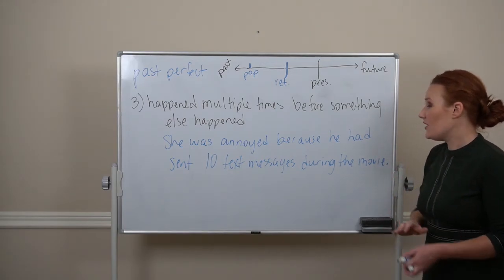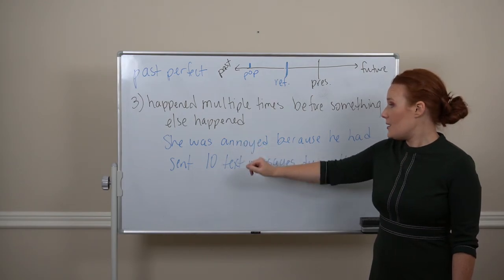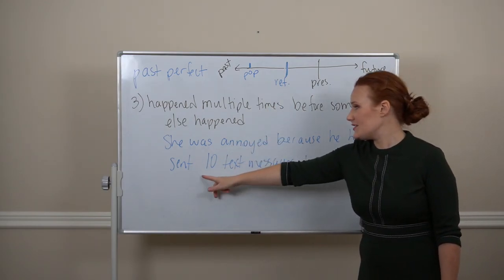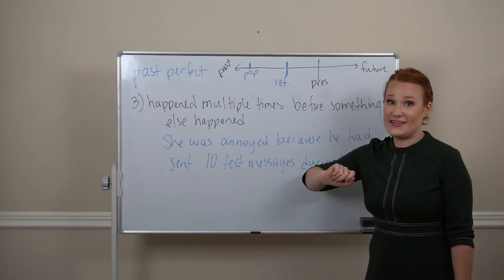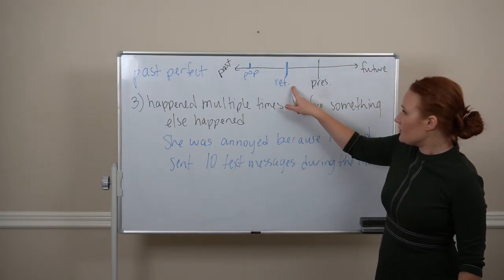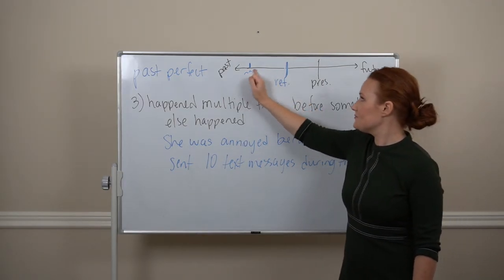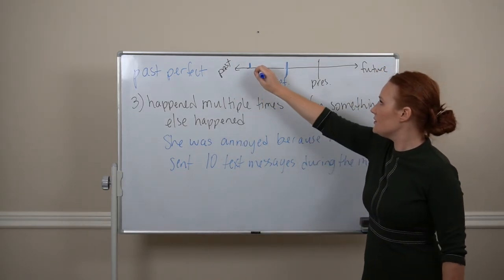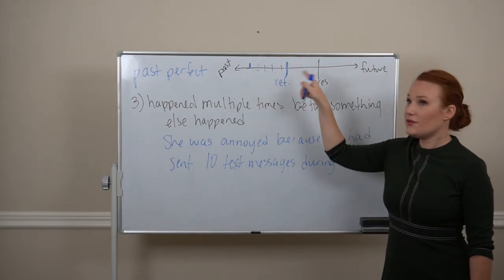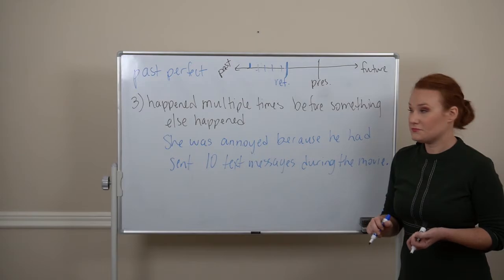All right, so this is our event in the past. She was annoyed, and before she was annoyed, 10 times he sent text messages. So again, if our reference point here is when she felt annoyed, then multiple times before that, he had sent text messages.